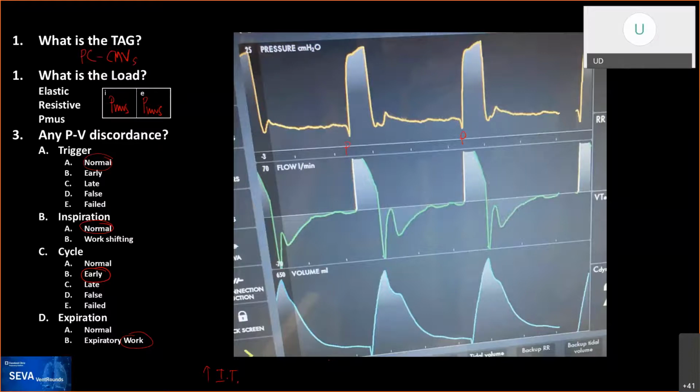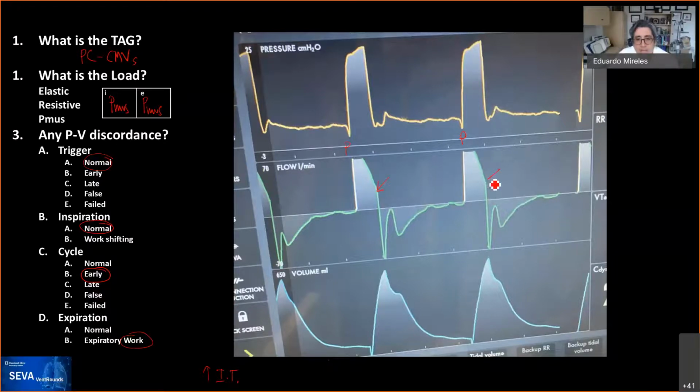If it's CSV, then it would be patient cycled. This is machine cycled, right? Well, but how would you recognize it? It would come down to the baseline. Well, it all depends, right? So that's the trick question.